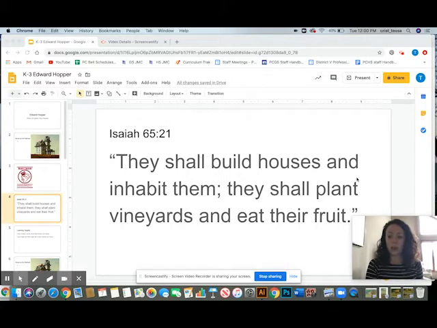This is talking about God's chosen people, the Israelites, and God has promised that they would have houses to build and live in them. And it's a picture of heaven and how he is preparing a house for us to go live with him. And we cannot wait to live with him. But until then, we have our earthly houses. And so we're going to look at some houses today.